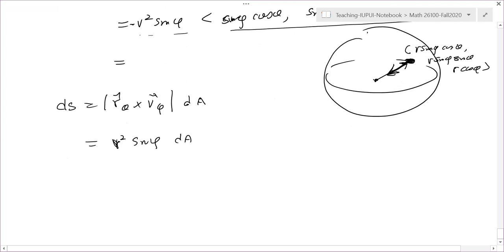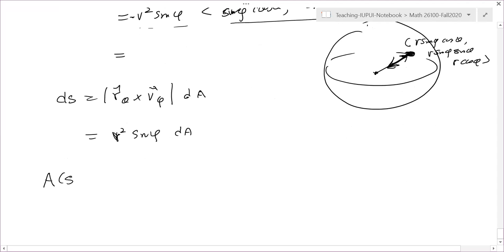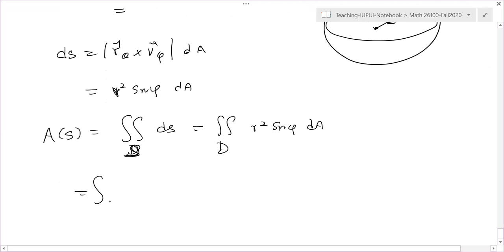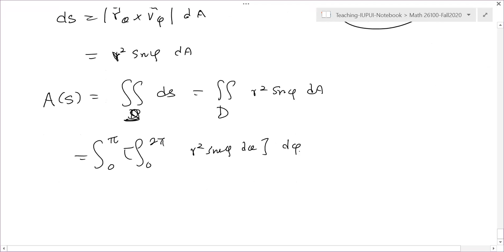So now you can find the area of the sphere. The area of the sphere is the double integral on the sphere of r squared sine phi dA. And this double integral is on the rectangle, so it's from 0 to pi, from 0 to 2 pi, of r squared sine phi d theta d phi, and we're going to get the area.